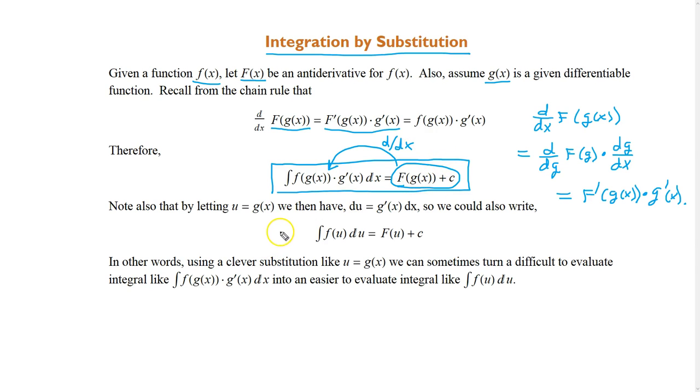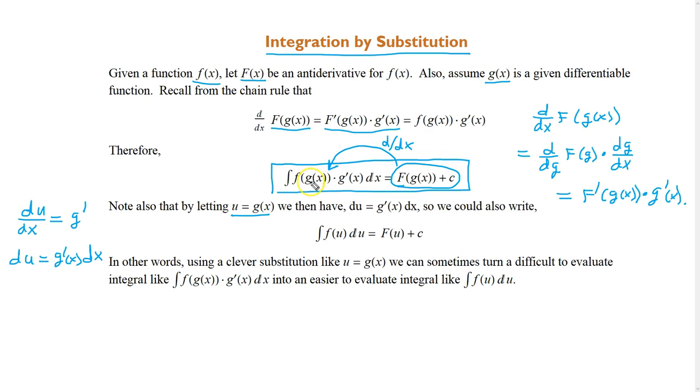So let's make this observation now. If we let u equal g of x, then we have that du will equal g prime of x dx, and that's because if we let u equal g of x, notice that du dx equals g prime, and then just think of multiplying the dx over. So we get du equals g prime of x dx.